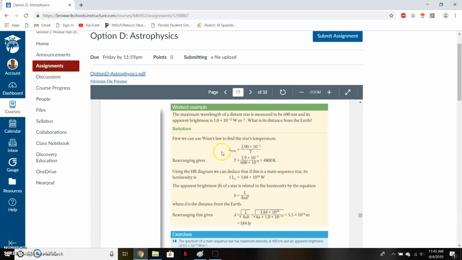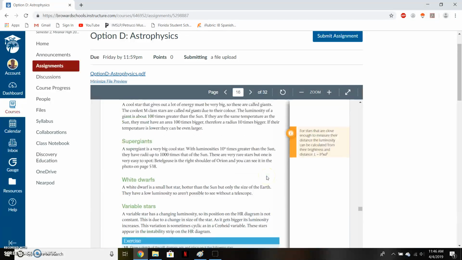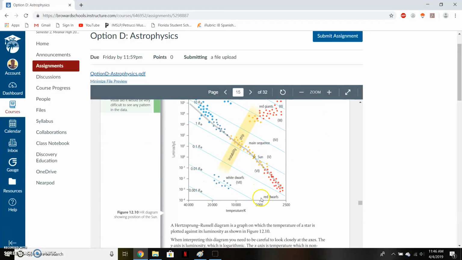We have to find temperature, so they rearrange it so that 2.90 times 10 to the negative 3 over 600 nanometers is equal to 4,800 Kelvin.